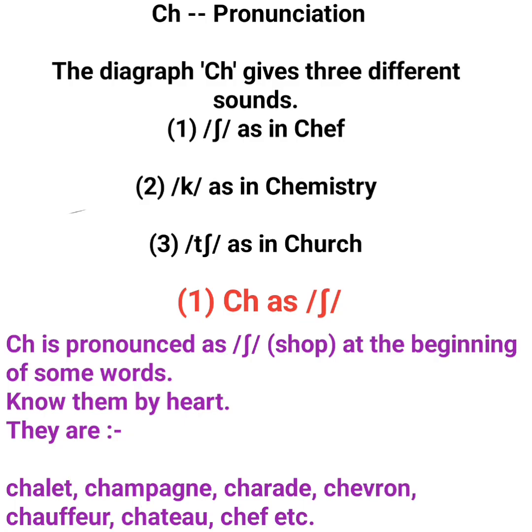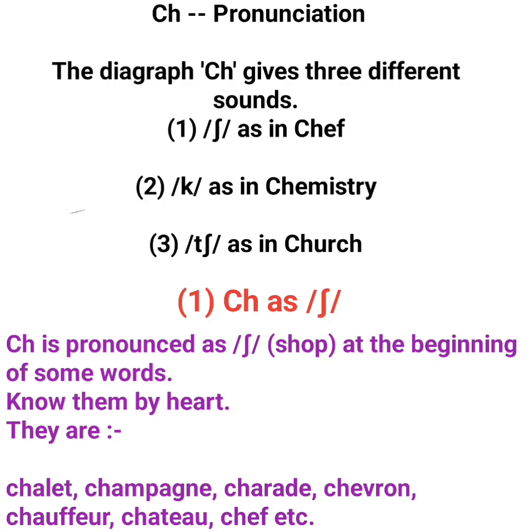And the third is ch, the basic sound, as in church, and so on. CH is pronounced as sh, like we have in shop, as SH sounds. That's why I brought the example of shop. So CH gives the SH sound. That is the first instance, at the beginning of some words.